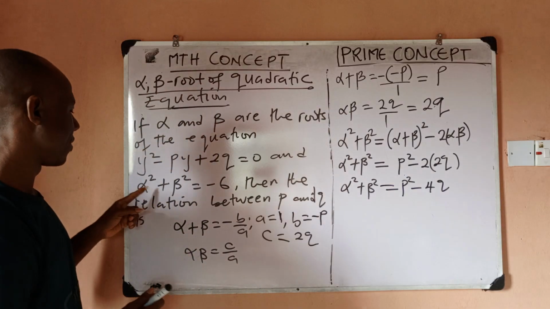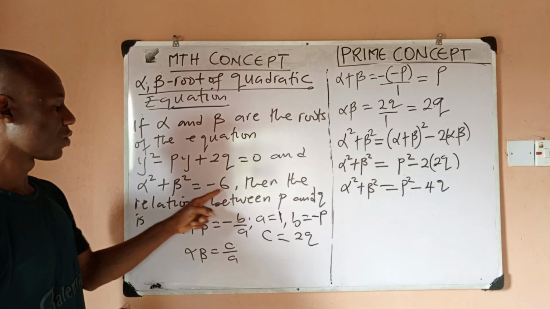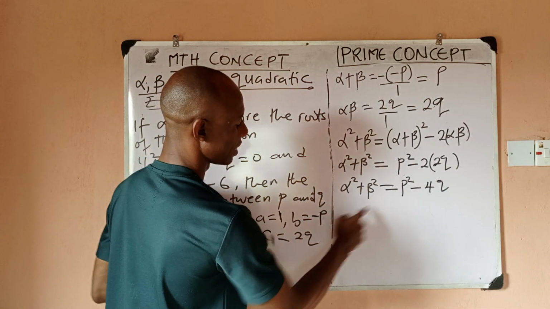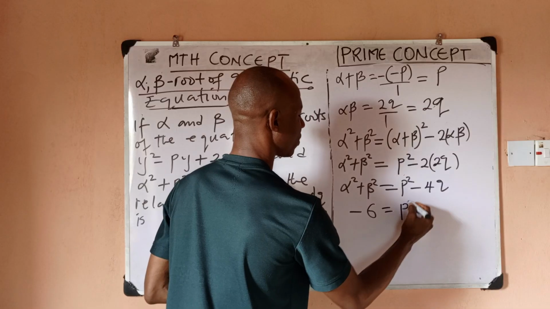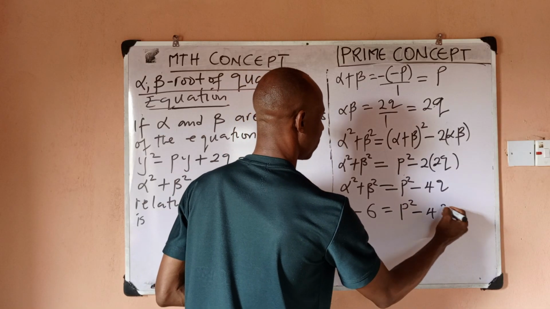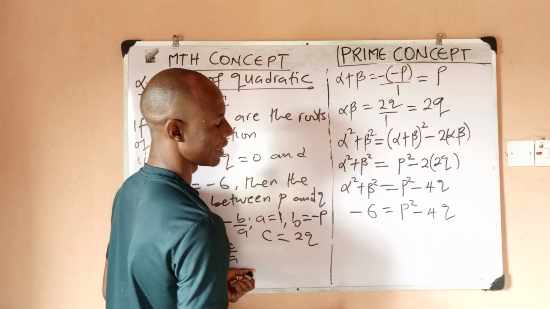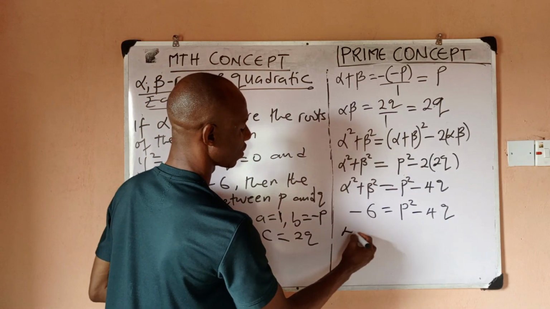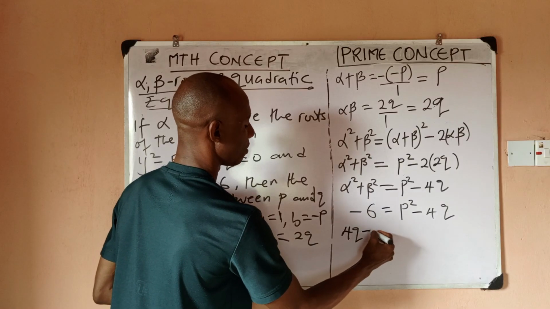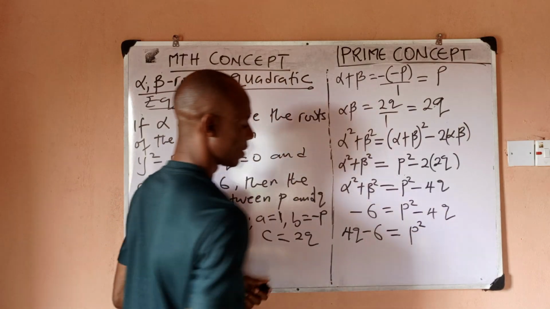Now from what they gave us, they told us that alpha squared plus beta squared is equal to minus 6. So I'll replace this part with minus 6 equals p squared minus 4q. If I try to make p the subject, I'll bring this to this side. This minus becomes plus 4q, then minus 6 equals p squared, right?